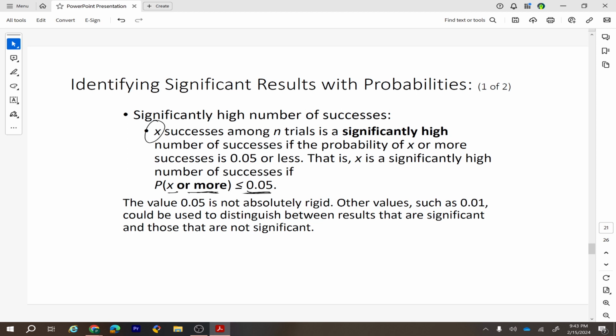This 5% is not rigid; it might fluctuate, and you might see 1% in some scenarios. But if the probability of getting X or more is very, very low, those values are called significantly high values. Similarly, if the probability of getting X or fewer is very, very low, that value is called significantly low.